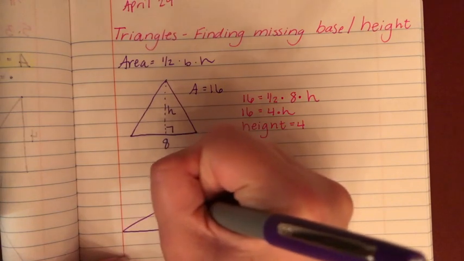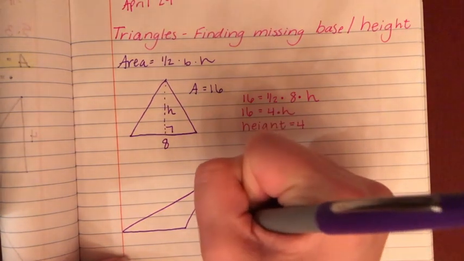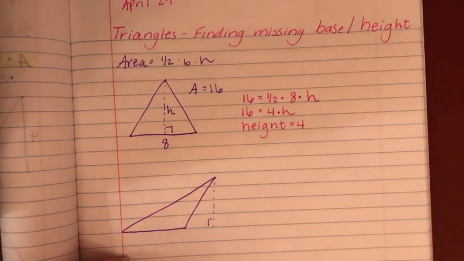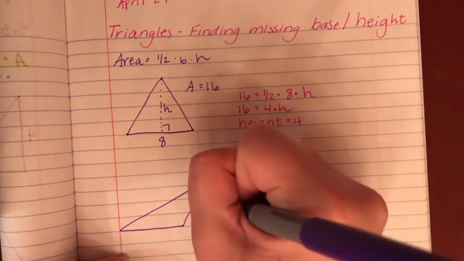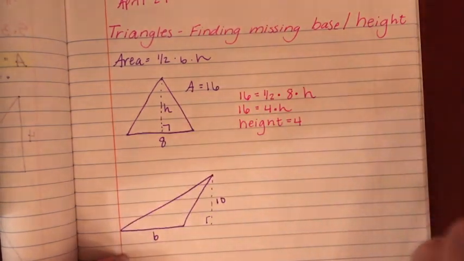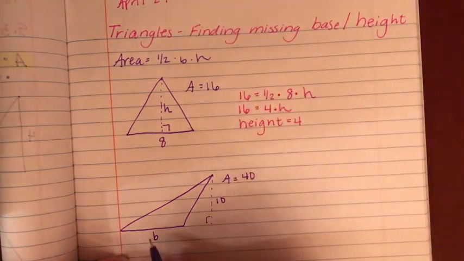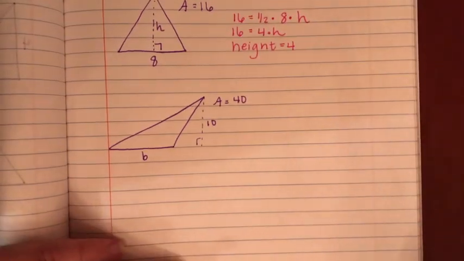If you want to draw one of these kinds of triangles, our height comes down, and we'll make this 10, and this is our base that we don't know, and let's say the area that we were given was 40. You were asked to find the base.